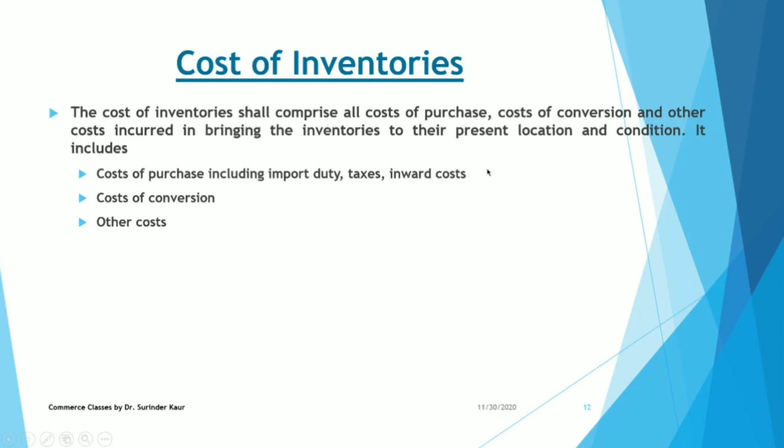That is, right from scratch, whatever amount you pay to bring the inventories up to the place of business and in the form in which you can make the sale. All the cost that you have incurred up to this stage will be your direct cost, that is cost directly associated with inventories. But once you have brought them into the form in which you can sell them and to the place, then beyond this, if any cost is incurred, it is not included in the cost.